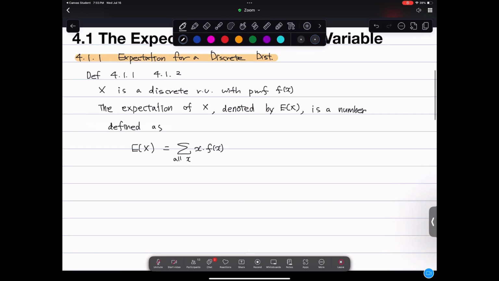This E of x, the expectation, is also called the mean of x. Some of you may have seen in your stats class the mean of x written as mu. And also the expected value of x.